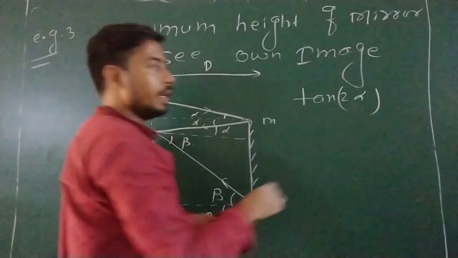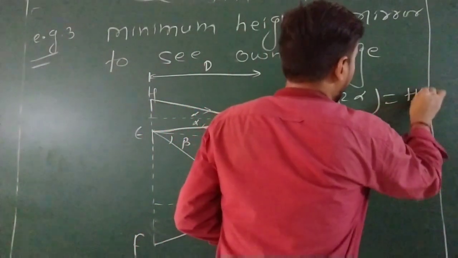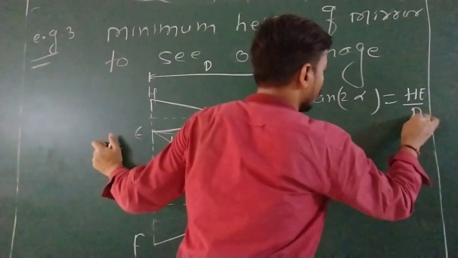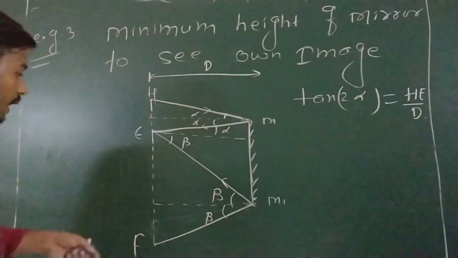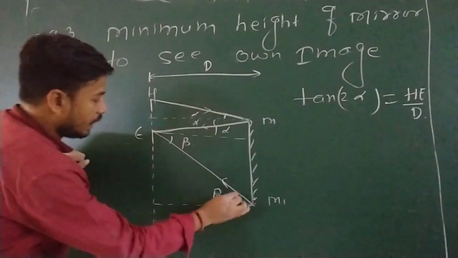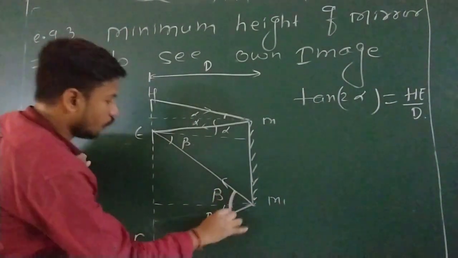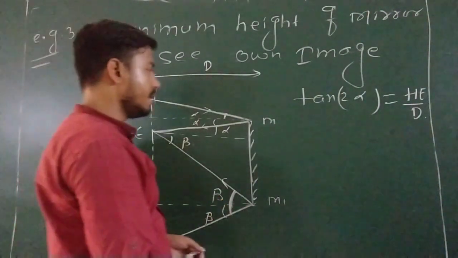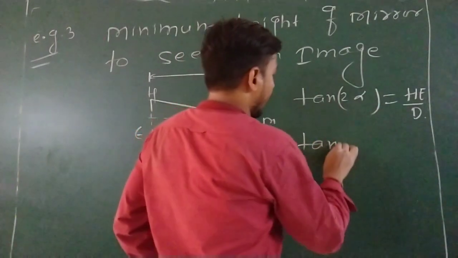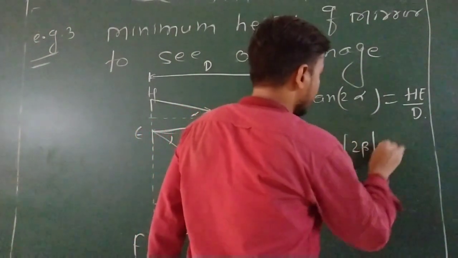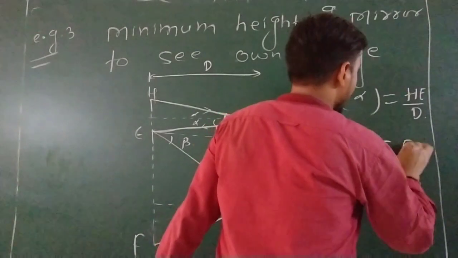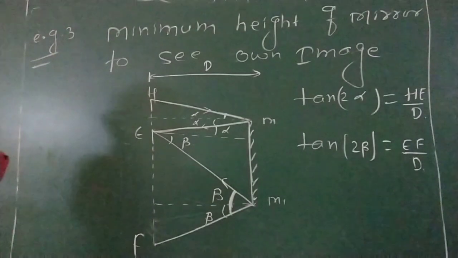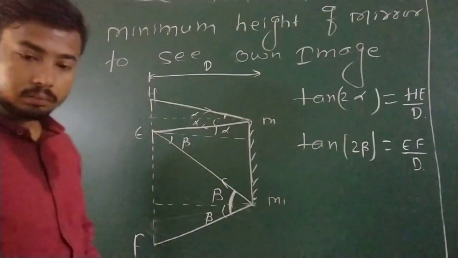So tan alpha is equal to HE by this distance D. Similarly here we can write tan 2 beta. This is tan 2 beta, total height EF divided by D. Tan 2 beta is equal to EF divided by D. Similarly, this concept we can apply here.